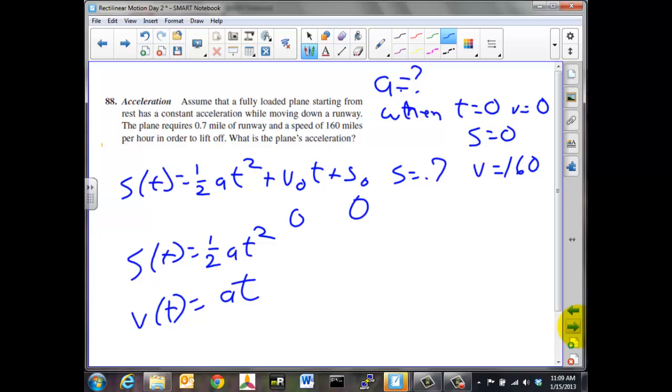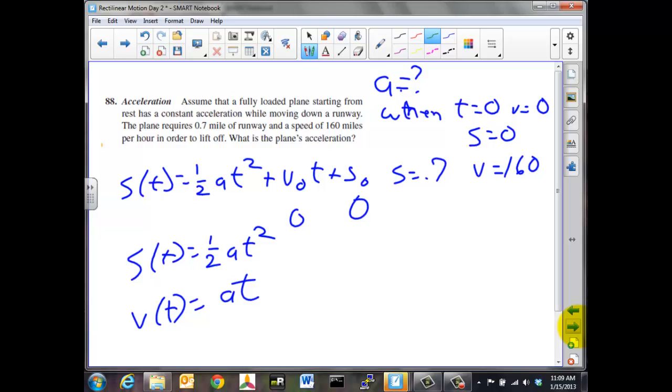So now what do we need to do? Well, we can find A. How can we find A? Well, we know when t is 0, v is 0.